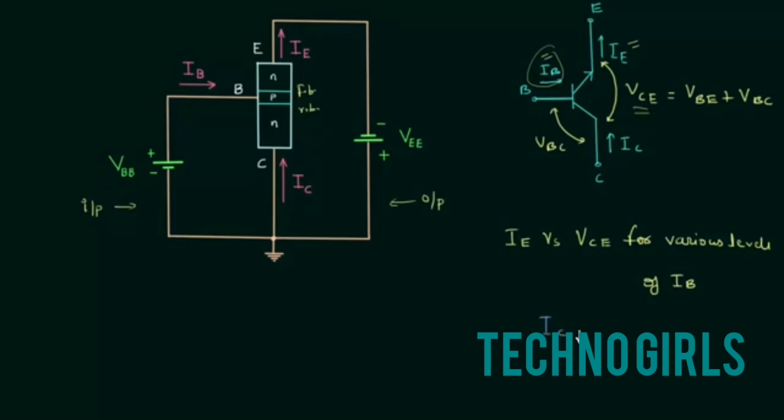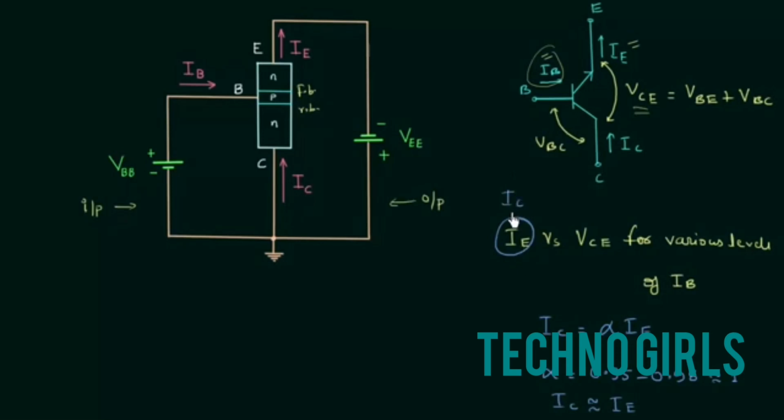Now there is one very important thing that we are going to conclude. We know IC is equal to alpha times IE. Alpha is from 0.95 to 0.98, which is nearly equal to 1. So we can say that the collector current is nearly equal to the emitter current. So we can replace this emitter current with the collector current.